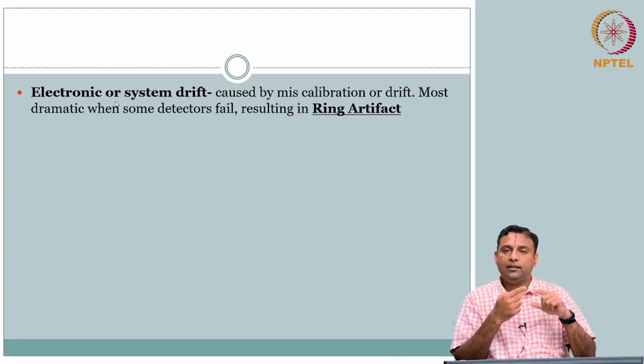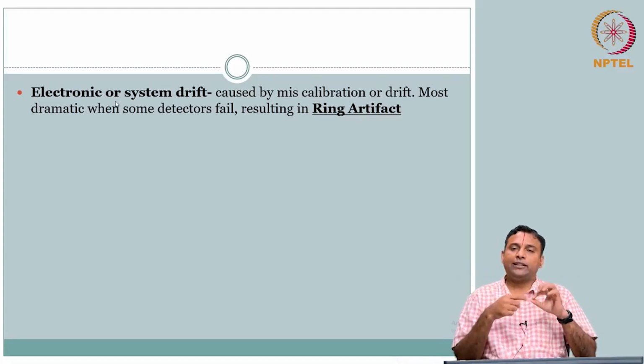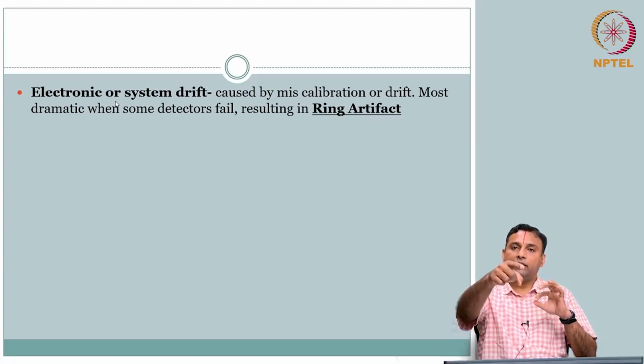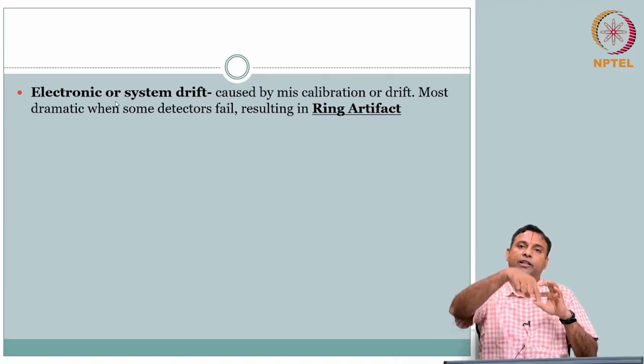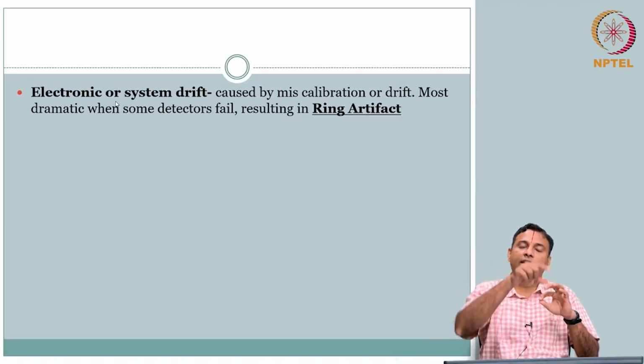That means it is always going to have a zero value, right? Physically that means everything that came in along the line of sight is attenuated, absorbed by the body. So a very high attenuation value will be projected along that path.